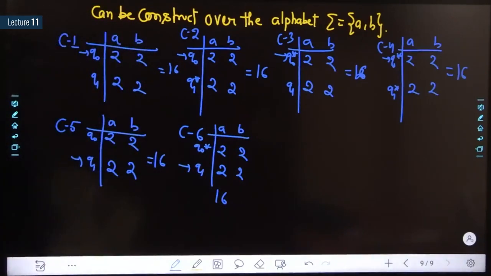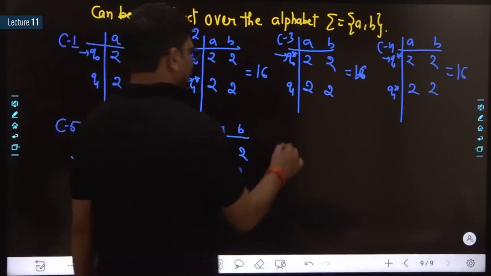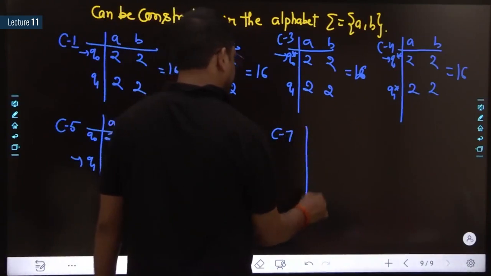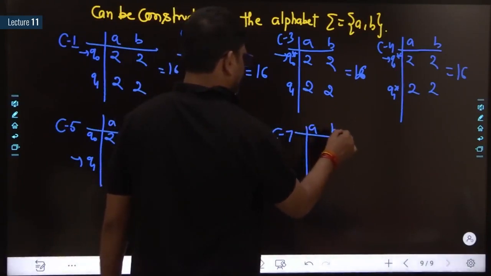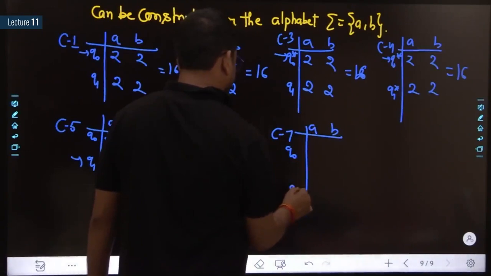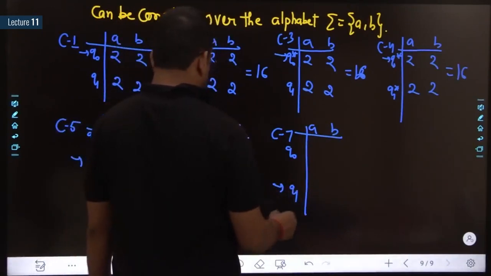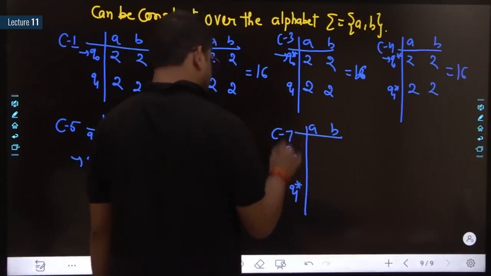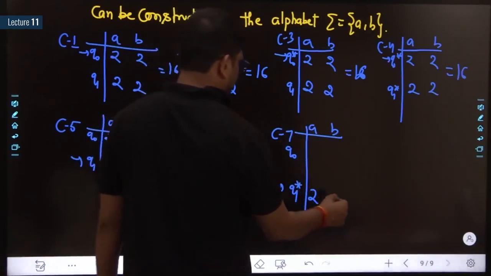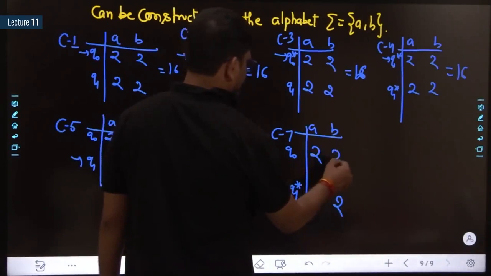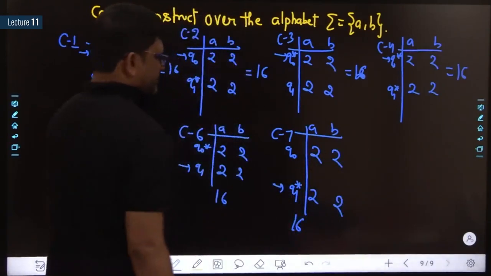These are 16 DFAs. Case 7, A, B, Q0, Q1. This is initial and this is the same as final. 2 possibilities, 2 possibilities, 2, 2. These are also 16 DFAs.